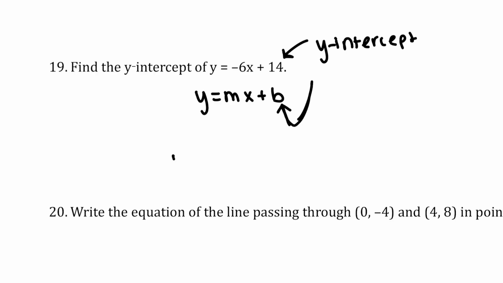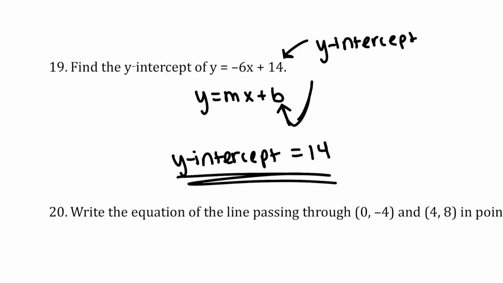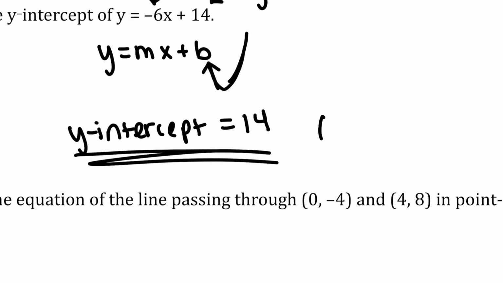So our y-intercept is equal to 14. Also, our slope is -6. And that's how you solve this one. If you were to write it in coordinate form, that would be (0, 14).